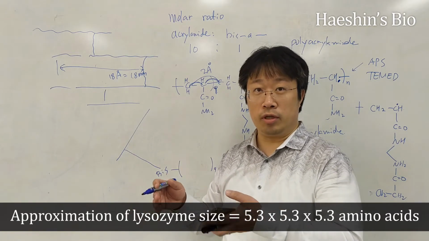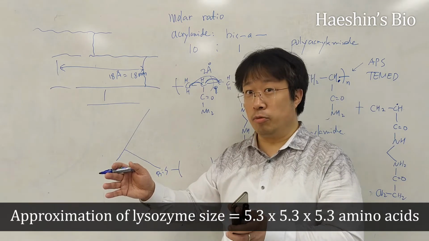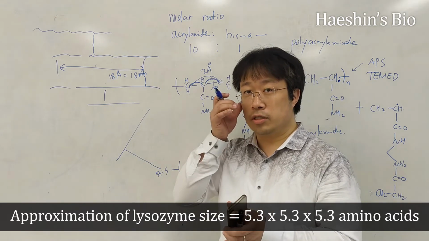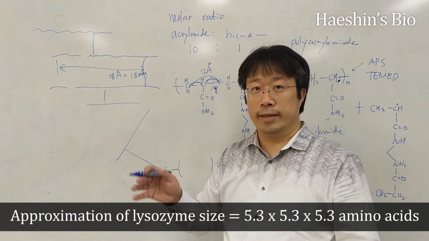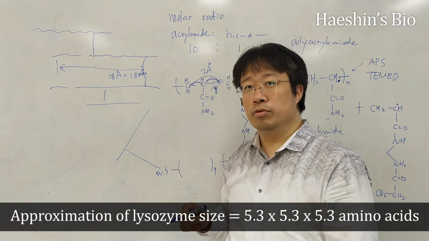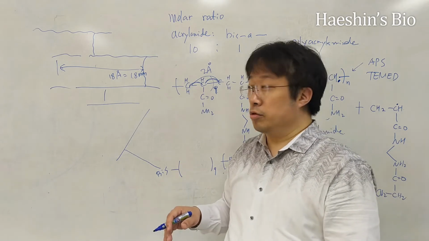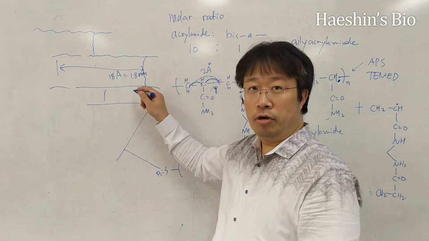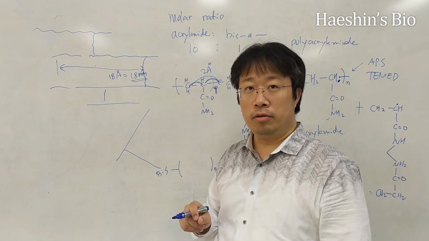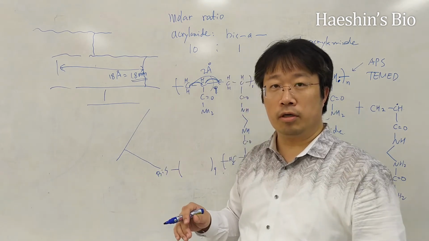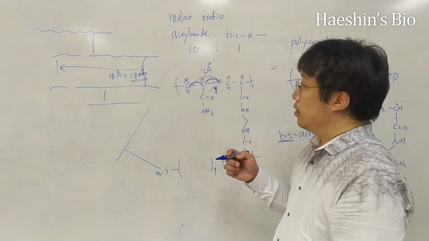What we ended up with in the calculations was about 2 point something nanometers, which is about 6 amino acids in each of X, Y and Z, and all 140 amino acids are packed well. That is about the size of the protein, about 2 nanometers, which is a similar size compared to lysozyme. So, does it make sense?